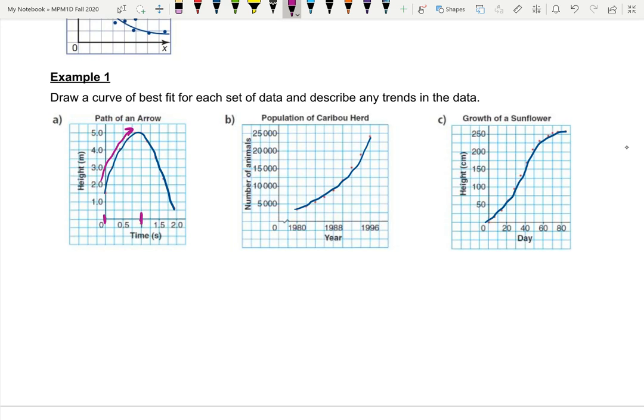Then after 1 second, our points are moving in a downward direction, which means that our height is decreasing. So I'm going to say the height increases to 1 second, then decreases after 1 second.